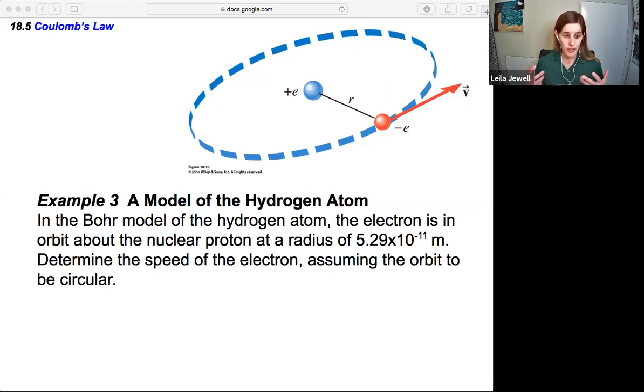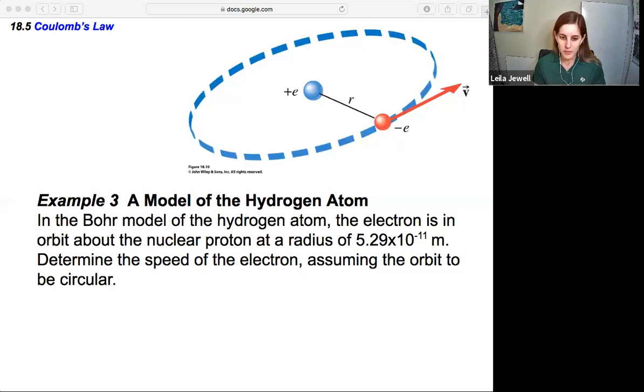The Bohr model of the hydrogen atom was one of the first models that actually worked for describing an atom, and it turns out it still works very well for hydrogen atoms. It breaks down as atoms get more complex, but it's a really good basic model for atomic physics, for how the atom works. It's something we'll come back to later on, I believe in chapter 30. So something more to come there.